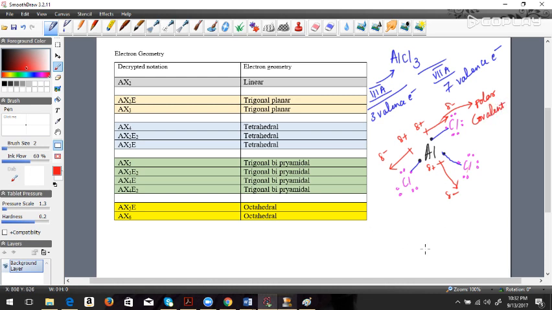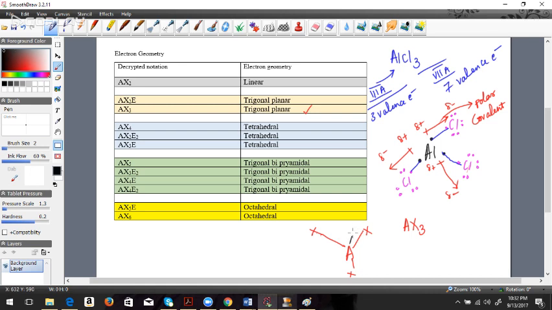And I explained why, and I'll explain it again here. So it's AX3, right? 1 central atom, 3 outer atoms. No lone pairs. So it's trigonal planar, right? What that really means is it's on the plane. Any molecule that's perfectly planar, I don't expect you to do this, but what happens here is, let me get a different color quickly.